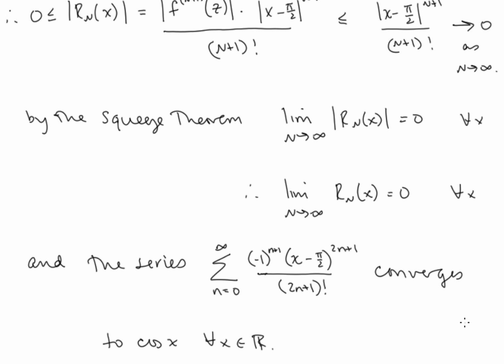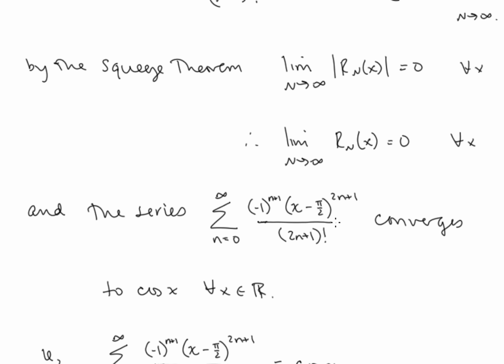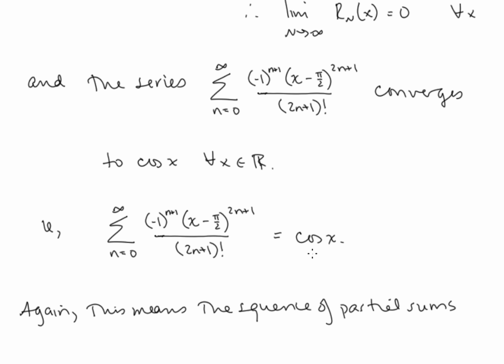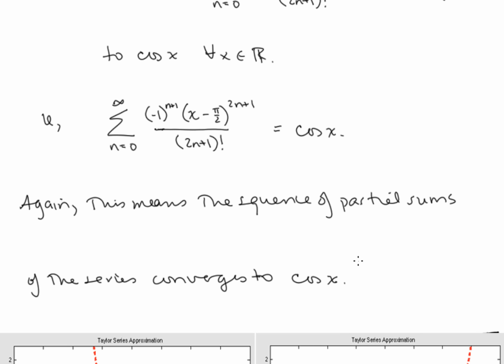So now we know that this series converges to cosine x for all x. So we can say this series is equal to cosine x. And again, this means the sequence of partial sums of the series converges to cosine x.